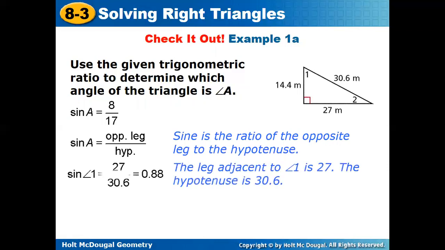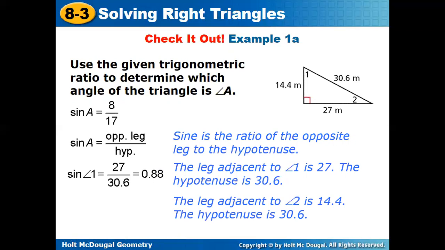So, if we start with angle number 1 and find its sine, the opposite to angle number 1 is the leg 27, over the hypotenuse, which is 30.6. Simplify the result, you will find it 0.88, which is not equal to 8/17.